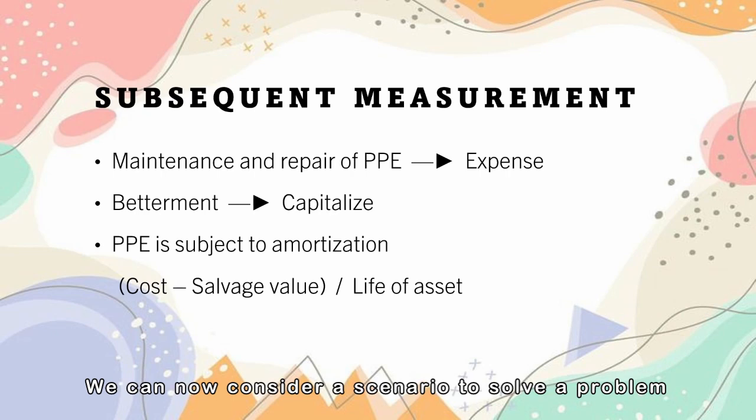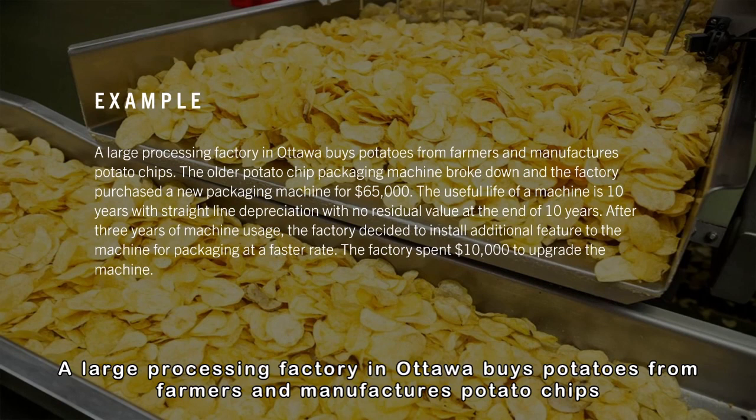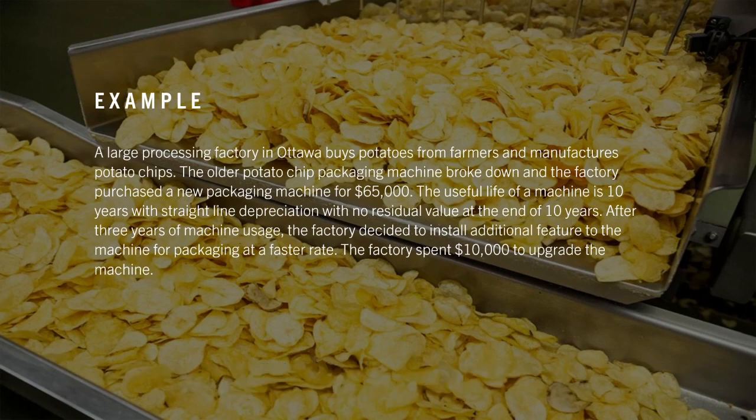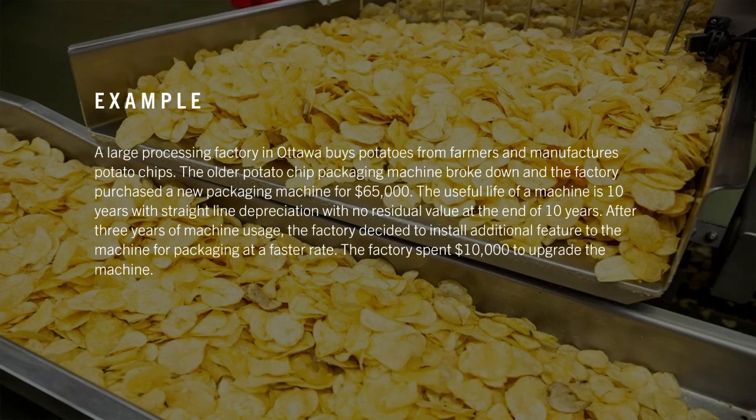We can now consider a scenario to solve a problem. A large processing factory in Ottawa buys potatoes from farmers and manufactures potato chips. The older potato chip packaging machine broke down, and the factory purchased a new packaging machine for $65,000.